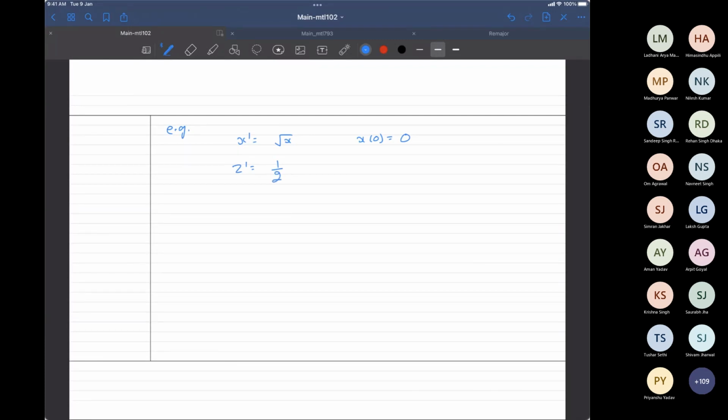Here you can see the transformation I used: z is equal to square root of x. And then once you do that, you get this thing.